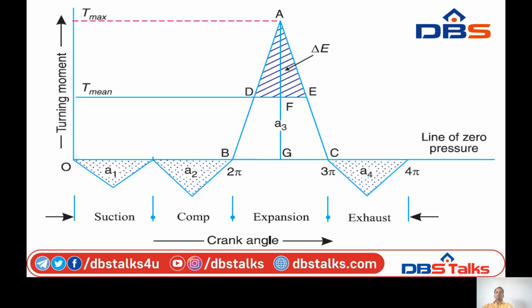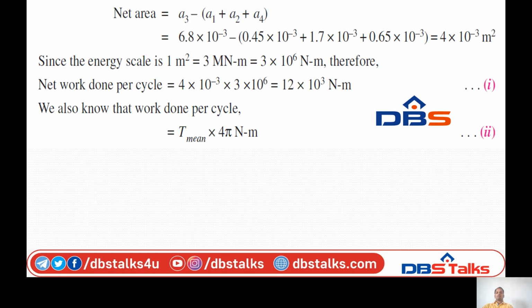So from the figure, net area is equal to A3 minus A1 minus A2 minus A4. By calculating all the values, we get 4 into 10 to the power of minus 3 meter square.